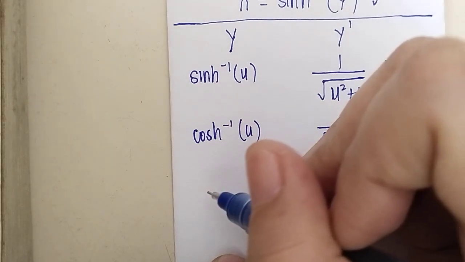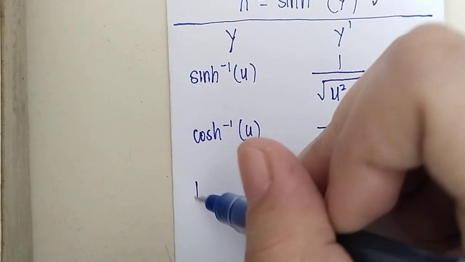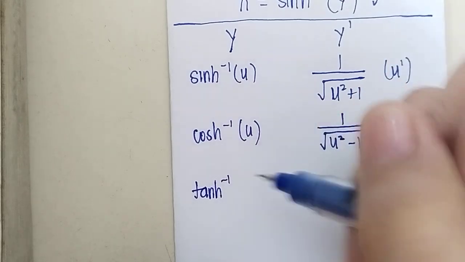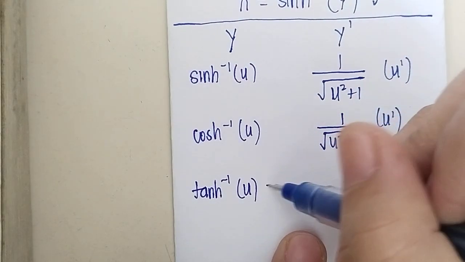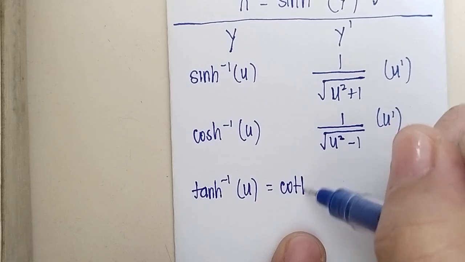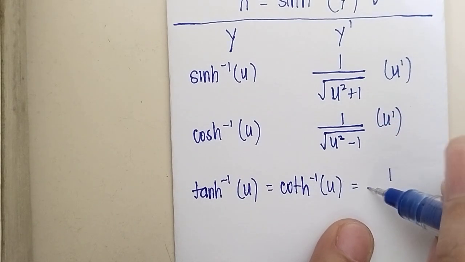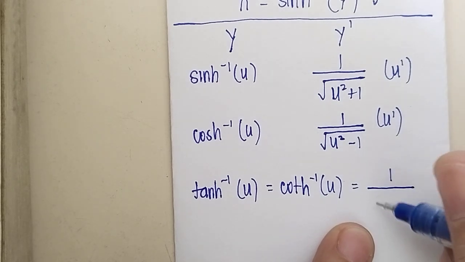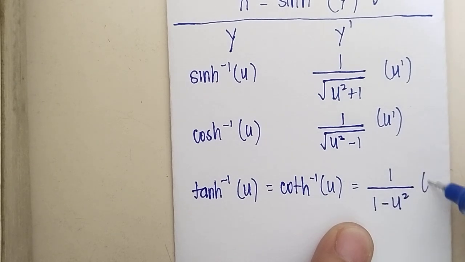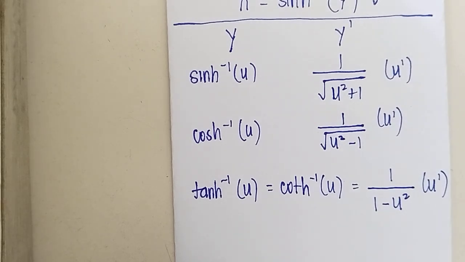For the hyperbolic tangent, they are the same. The inverse of the hyperbolic tangent of u, and the inverse of the hyperbolic cotangent of u, have the same formula: 1 all over 1 minus u squared, times the u prime. The only difference is with respect to the value of u.